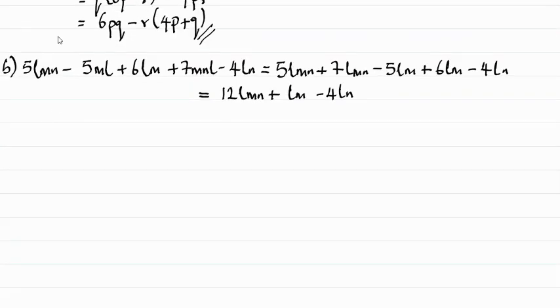further, depending on what we are asked to factorize from this algebraic expression, answer could be equal to, if for example we're asked to factorize out l, answer becomes l bracket 12mn plus m minus 4n bracket close.